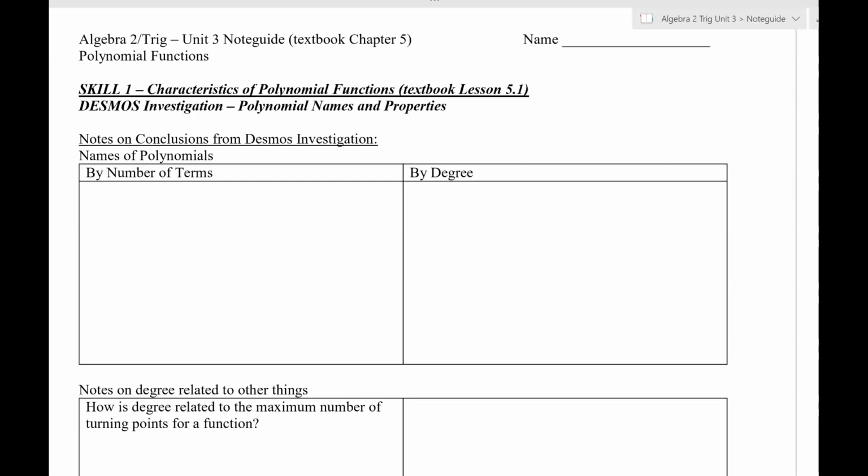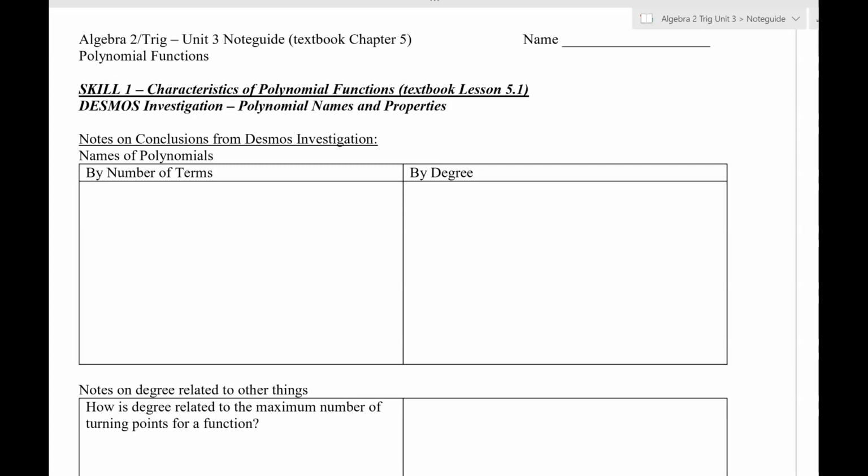You did an investigation looking at polynomials and what they looked like, how we named them, and relationships between different characteristics.